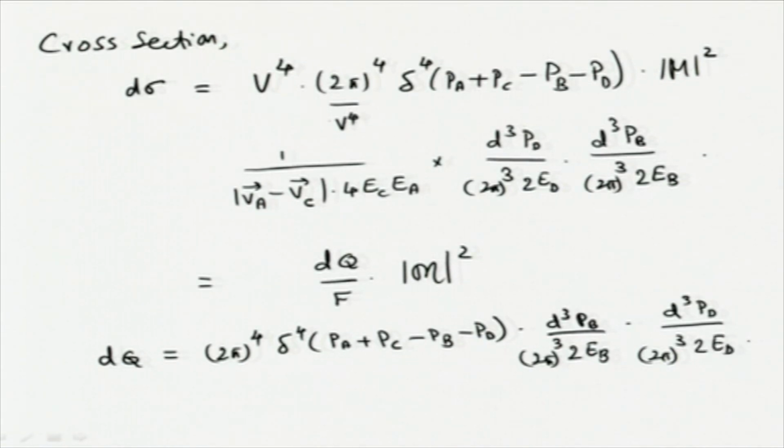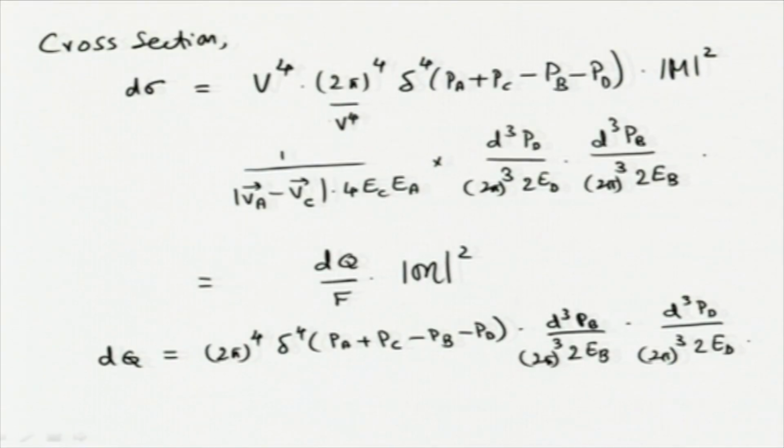This essentially depends only on the momenta, which means the 3-momentum and the energy, or the 4-momentum. So, in some sense it is independent of the dynamics; it only looks at what the kinematic variables are. Okay.